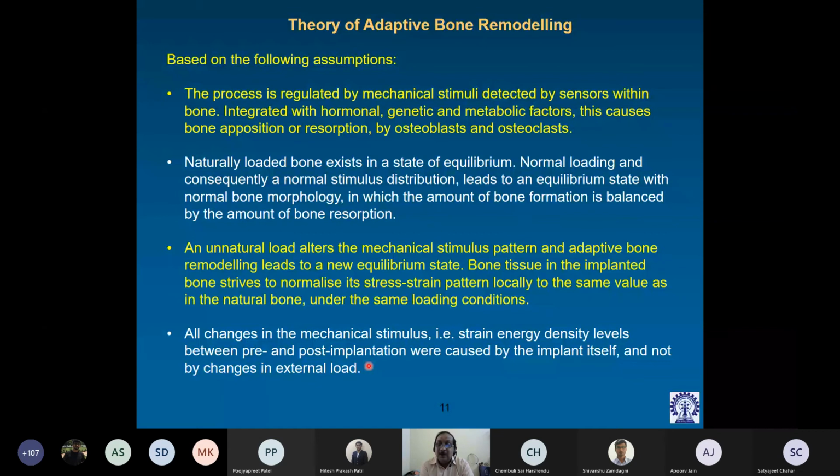In order to investigate the extent to which the mechanical stimulus is responsible for bone adaptation, we consider the pre and post implantation situations. And we assume that all these mechanical changes are caused by the implant itself and not by any external load.